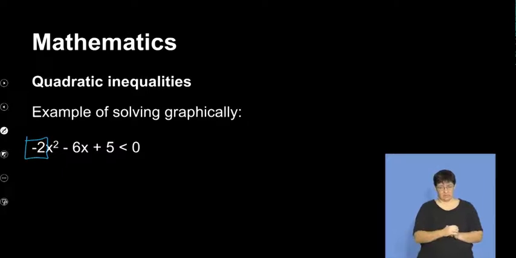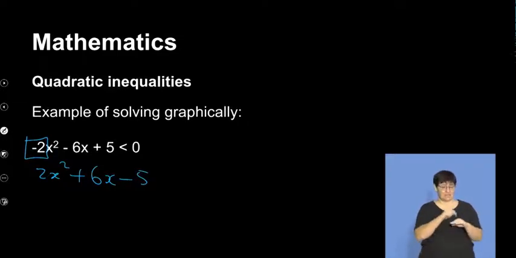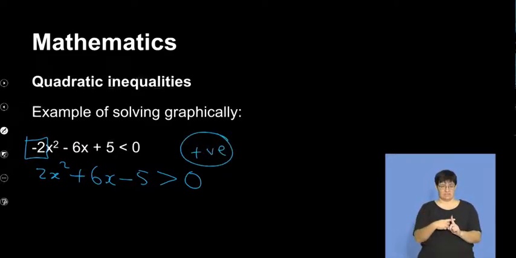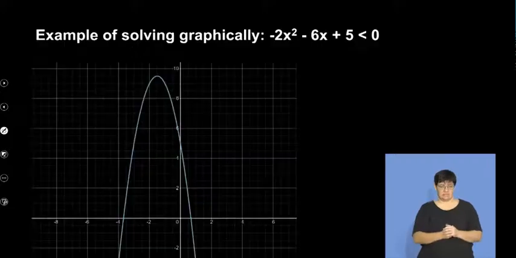So I will need to divide this by a negative. And to do that, it means this will be the same as 2x squared plus 6x minus 5. But if you divide by a negative, remember, the inequality changes direction. So now it's greater than 0, meaning it's now when it is positive instead of when it was negative.